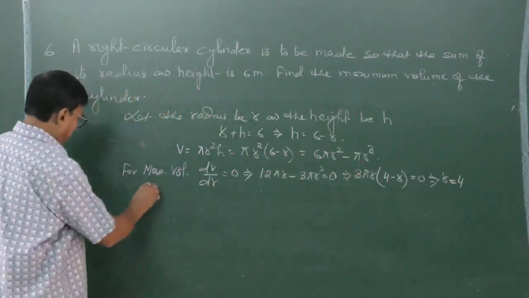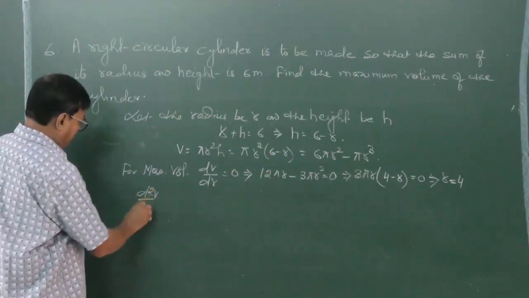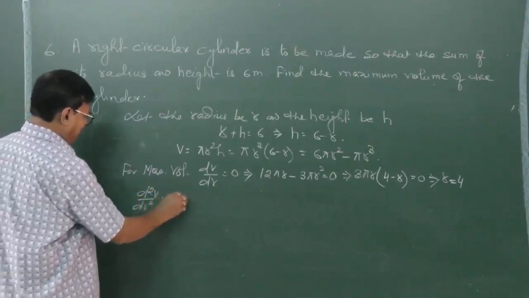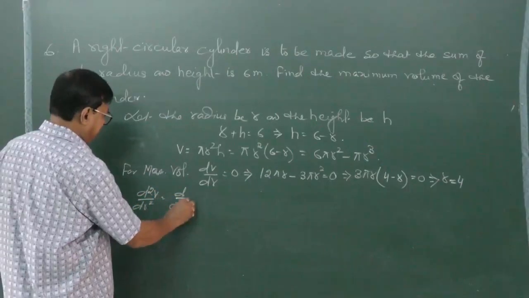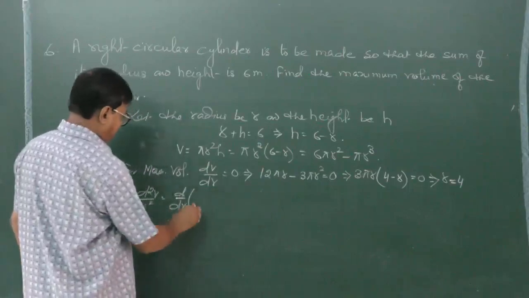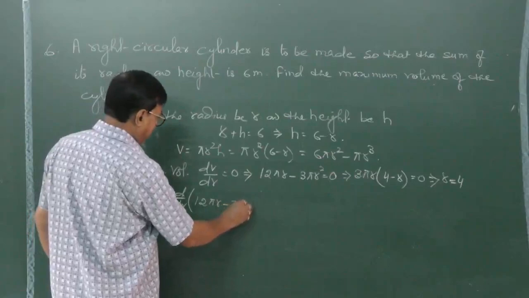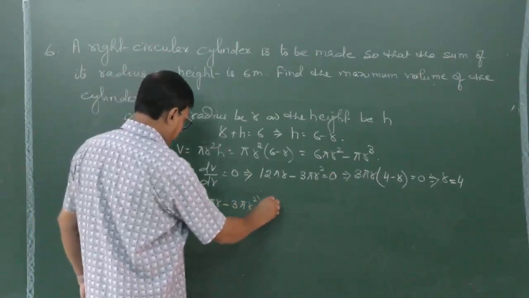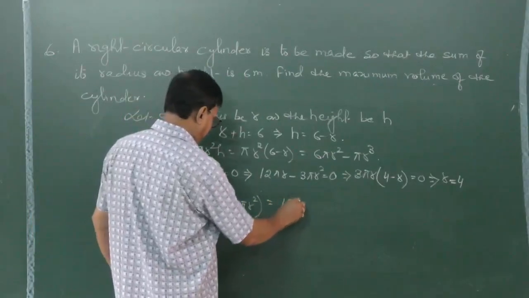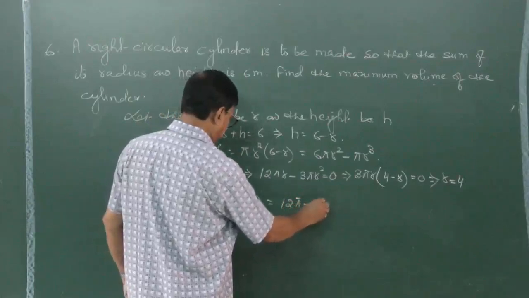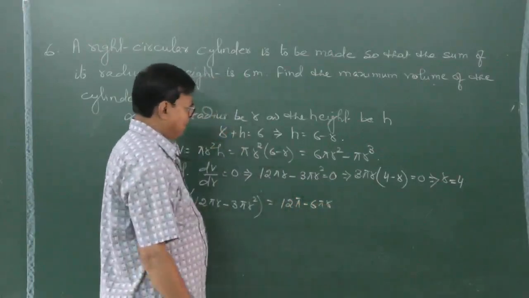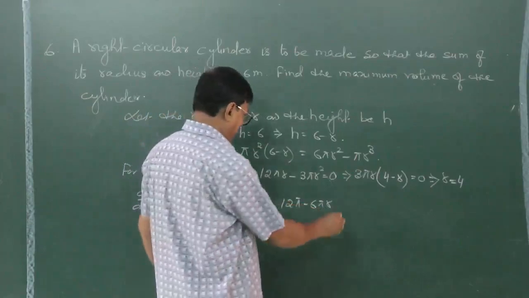Find d2V by dr2. So d2V by dr2 is the differentiation of this value, that is 12 pi r minus 3 pi r square, which will be 12 pi minus 6 pi r. R is equal to 4.